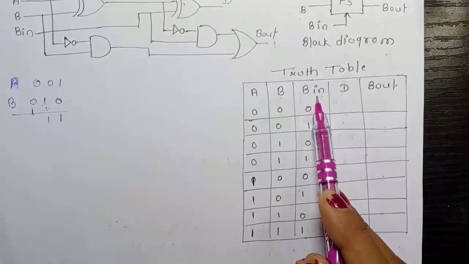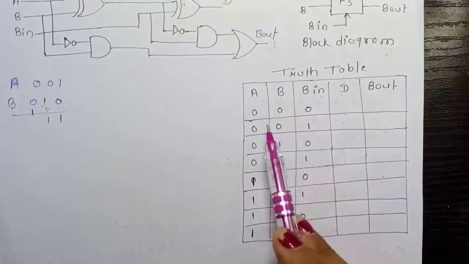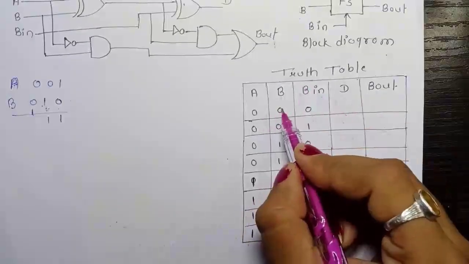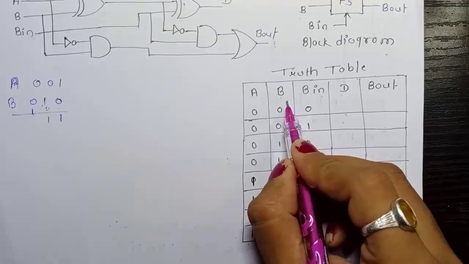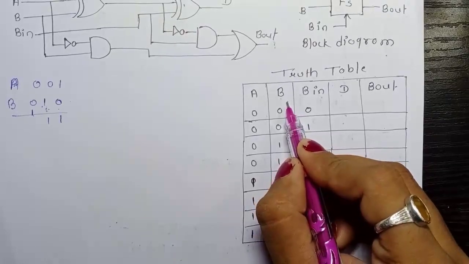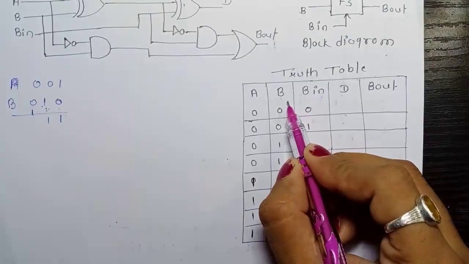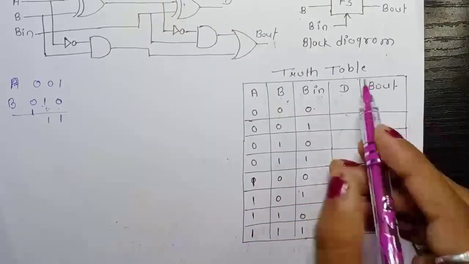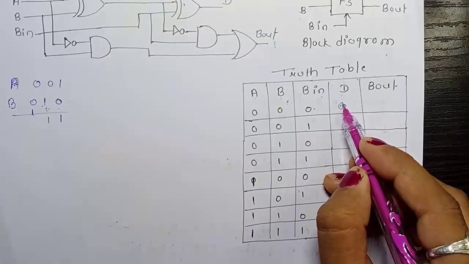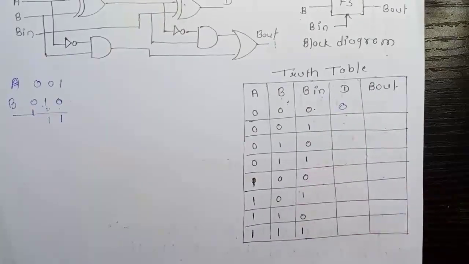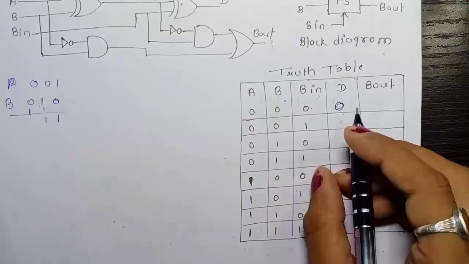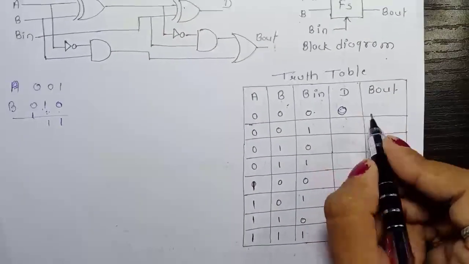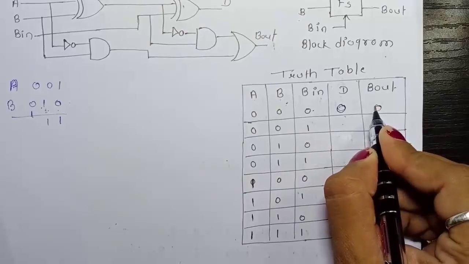So here, for example, first step I am doing is 0 minus 0 is 0. The result is 0. Again 0 minus 0 is 0. So here the difference is 0. In this case there is no borrow, so borrow out is again 0.